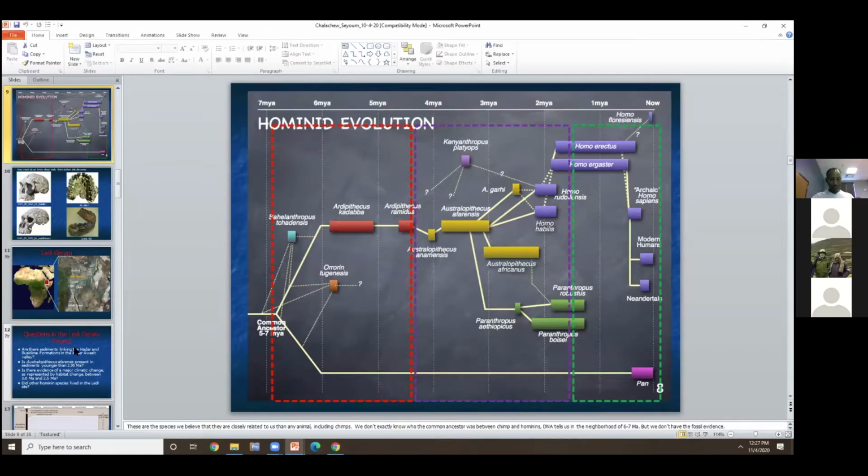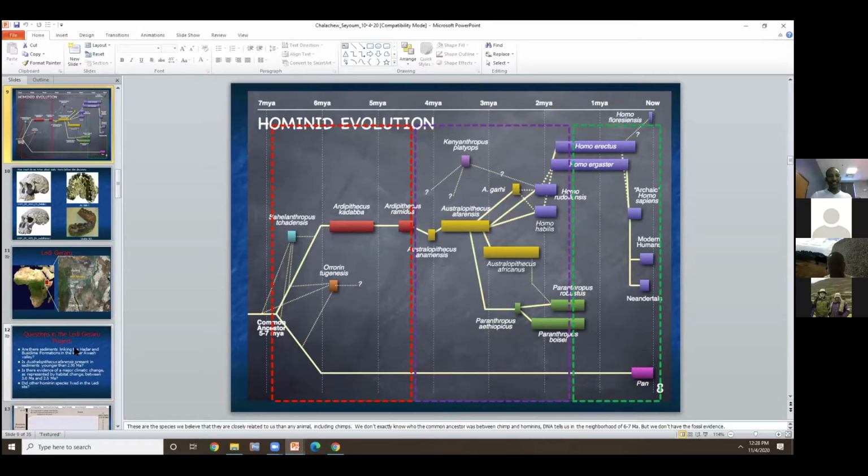This is what the hominin species we believe to be related to us more than any other taxa, including chimps, look like. We call these hominins. They are our close relatives, as you can see here. There is a common ancestor between Pan and all the hominin lineage here. Oh, it's hot here, sorry, I'm sweating.